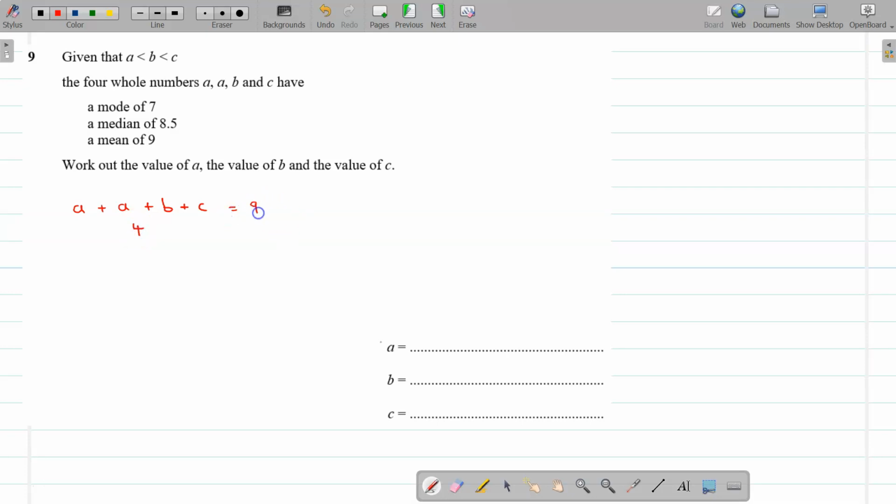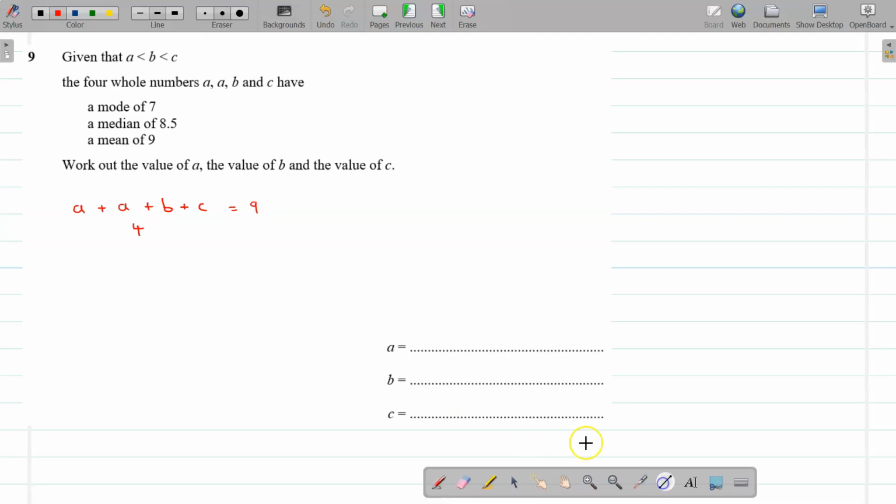So if I multiply both sides by 4, I know that 2A plus B plus C must be 36. Okay, so that's the first equation that I'm going to write down.